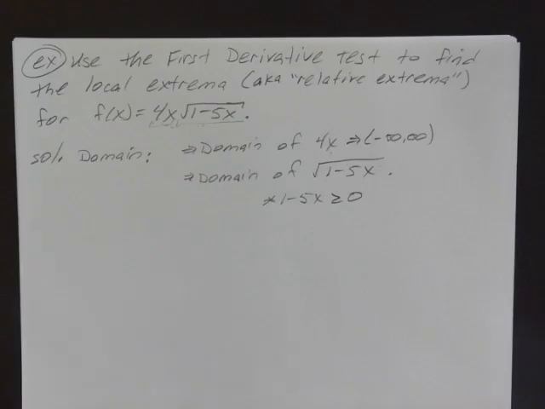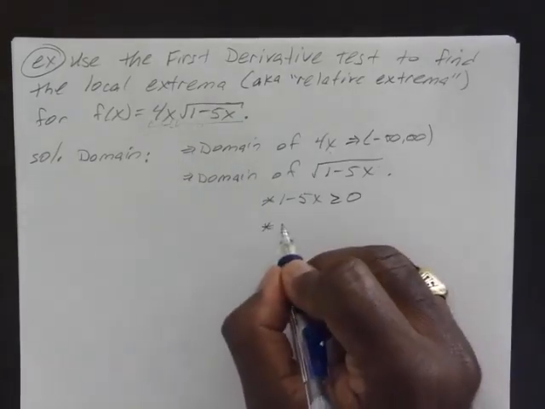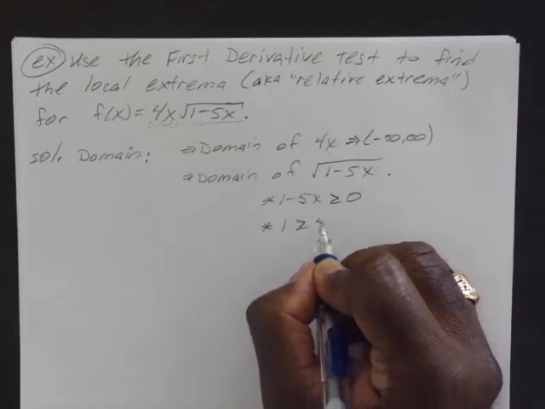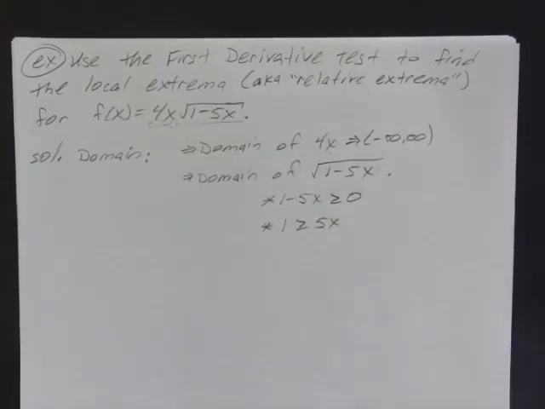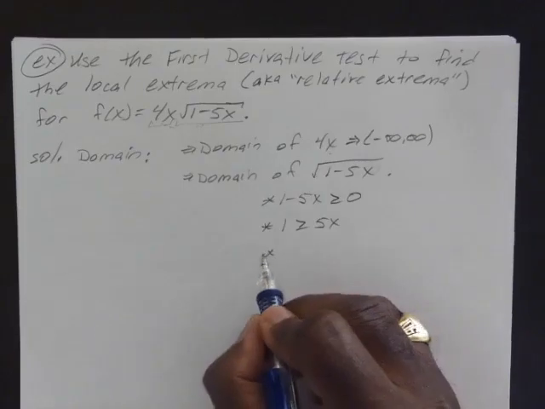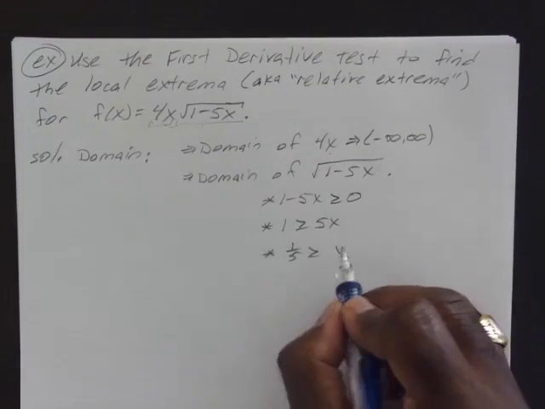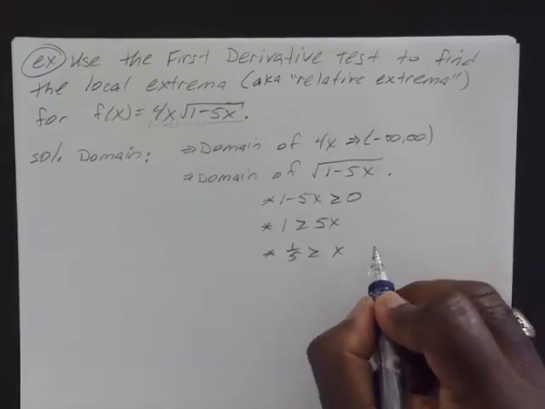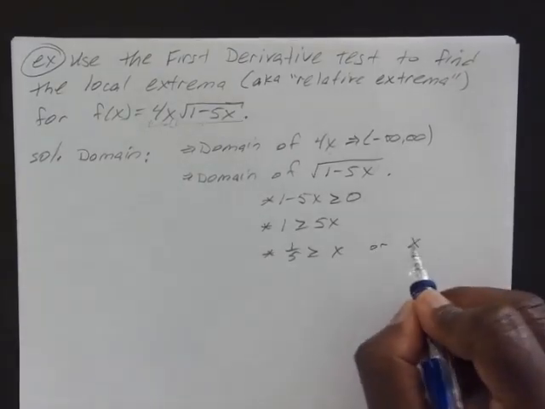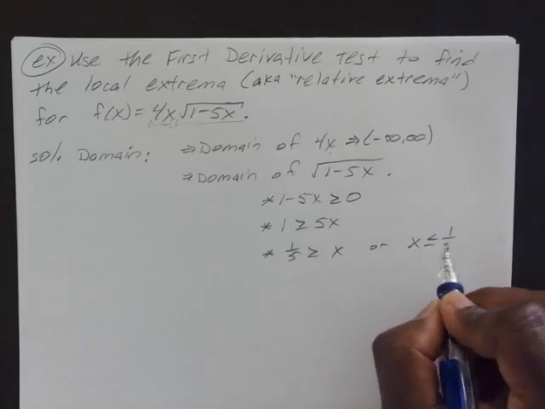So if we add 5x to both sides, we have 1 is greater than or equal to 5x. So if we divide both sides by 5, we have 1 over 5 is greater than or equal to x, or we can flip it around and say x is less than or equal to 1/5.